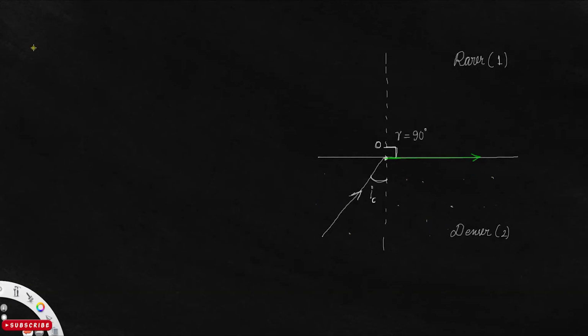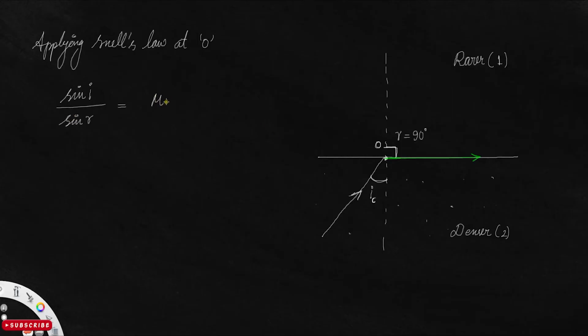Now see, this is the denser medium. Now applying Snell's law at the point O, we know sine of angle of incidence by sine of angle of refraction is always a constant. That constant will be the refractive index.